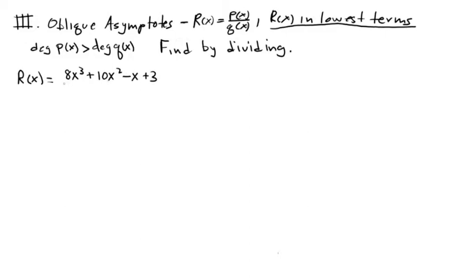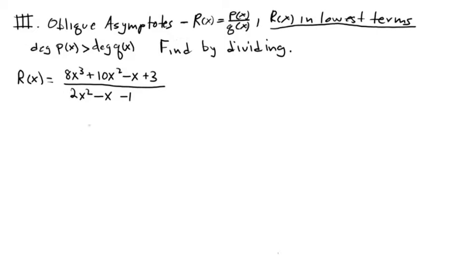That's the numerator. And then the denominator is 2x squared minus x minus 1. The first thing you can note here is that the degree of the numerator is 3 and the degree of the denominator is 2. So this fits our conditions to test for an oblique asymptote.